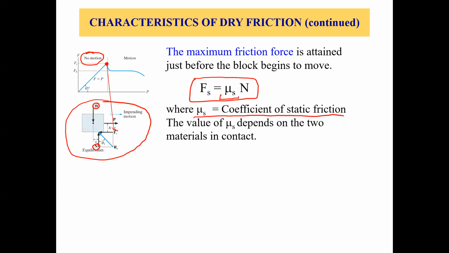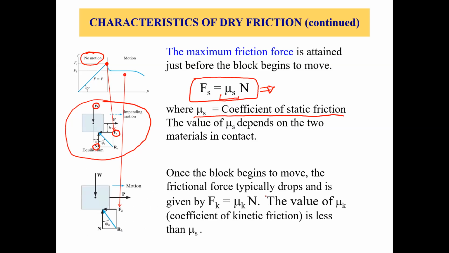This is the force Fs, which is the static friction force. Now at the impending motion point, we have this equation. Fs equals mu s times the normal force, right? So this is about the no motion zone.